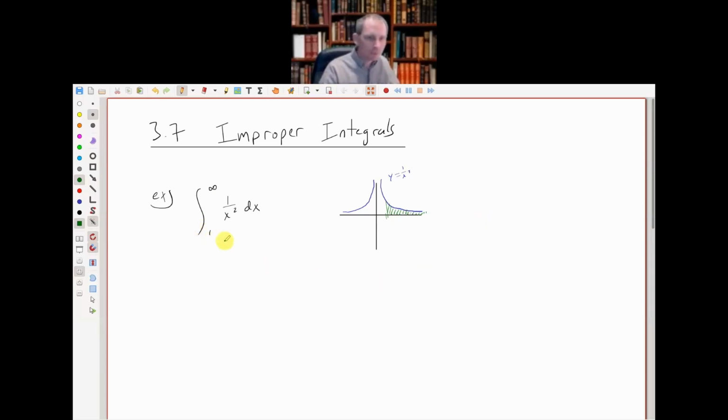Integrals, remember, don't exactly have to be area, but this is a good way to start thinking about things and to get some context. So an improper integral is an integral where either we have infinity as one of the limits of our integration, or the function we're integrating is not continuous.